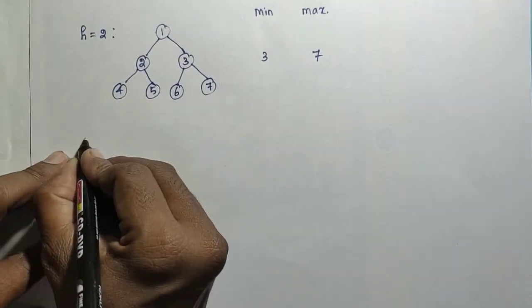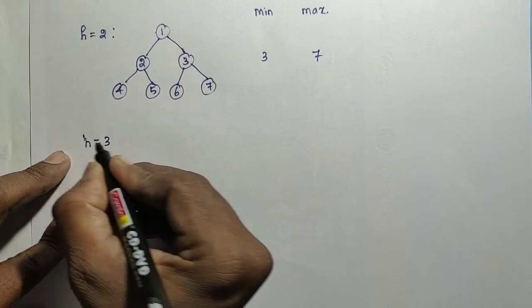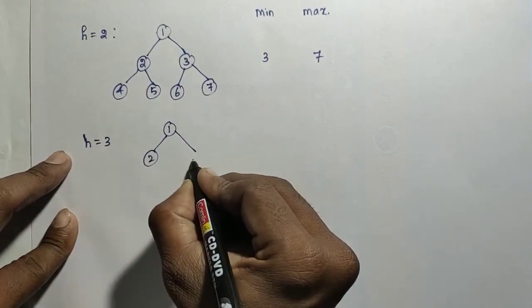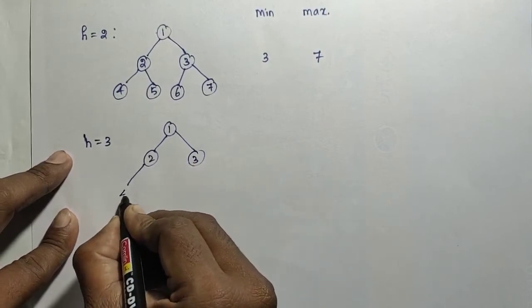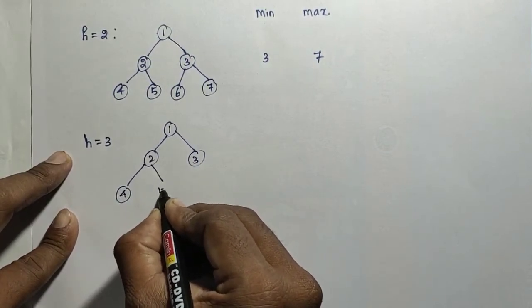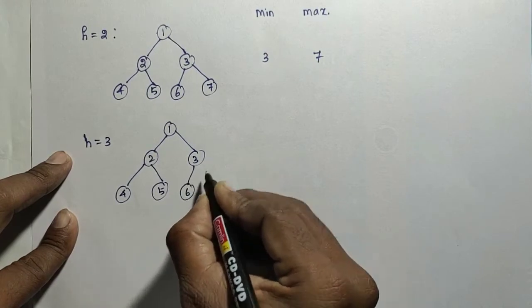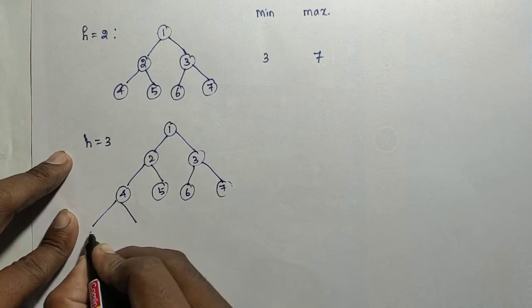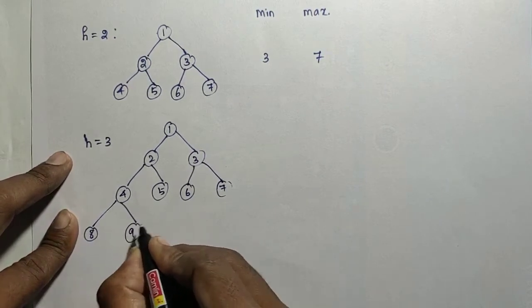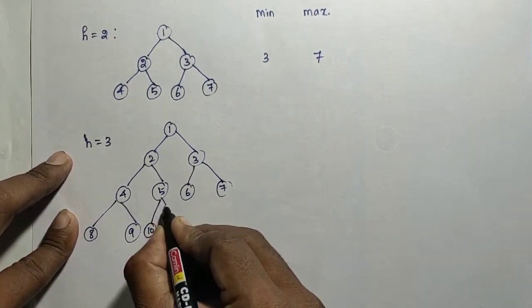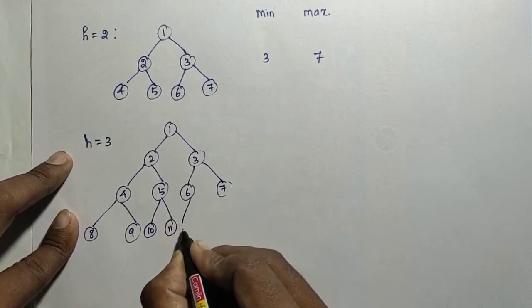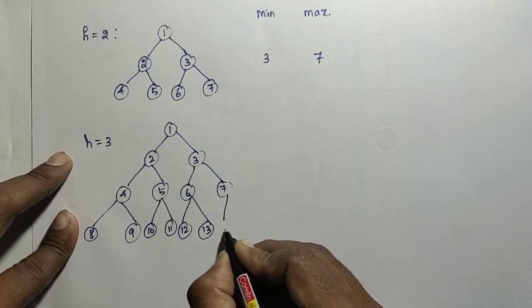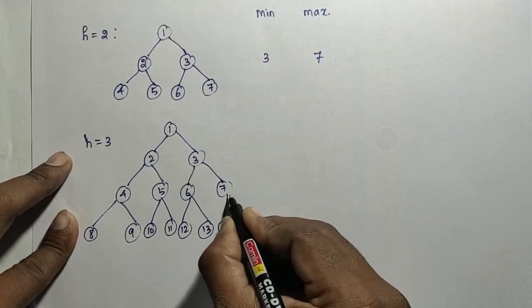Similarly, height equal to 3. Height equal to 3 means I can add further 1, 2, 3, 4, 5, 6, 7, again in these 2 nodes 8 and then 9, in these 2 nodes 10 and then 11, in these 2 nodes 12 and 13, in these 2 nodes I can add 14 and 15.